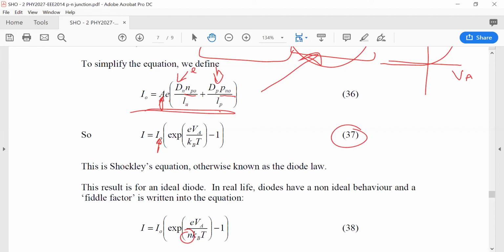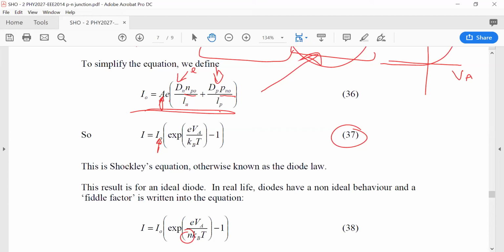But in reality, there's some recombination of the electrons and holes, which means the carrier concentrations are slightly different, and therefore N could head towards 2 and reduce the current that comes out. So we often need to calculate what the ideality factor is for the diode to see how good or bad the diode actually is. What is the material quality like, and how much recombination is really taking place?